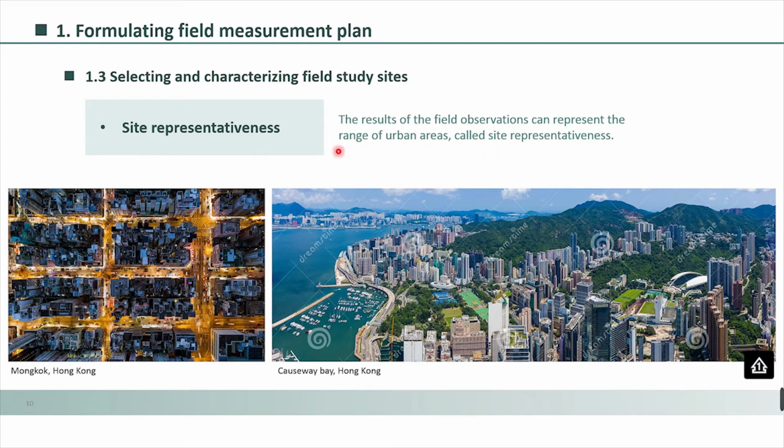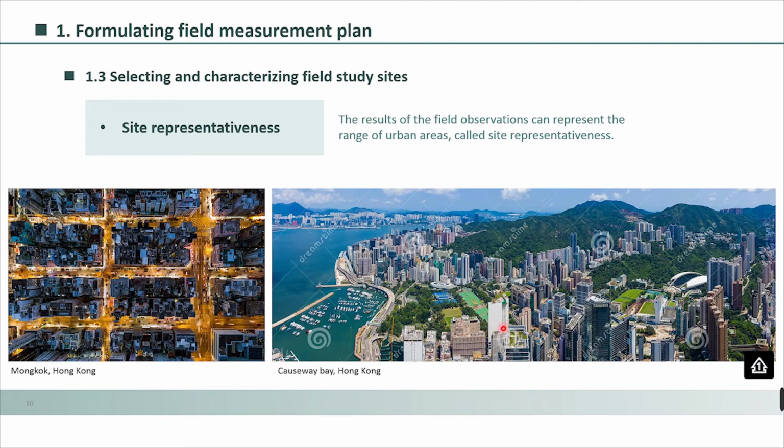So for example, in Bangkok, Hong Kong, as we can see in this photo, its site dimensions can represent the surrounding neighborhood in a large scale because of the homogeneous urban form. So therefore, there's no need to set many measurement sites in this case, because when you set your site here, here, or there, the results are almost the same.